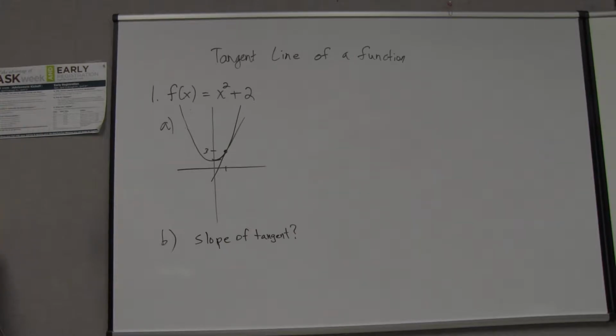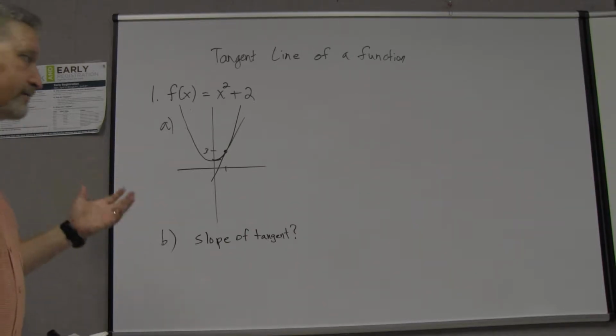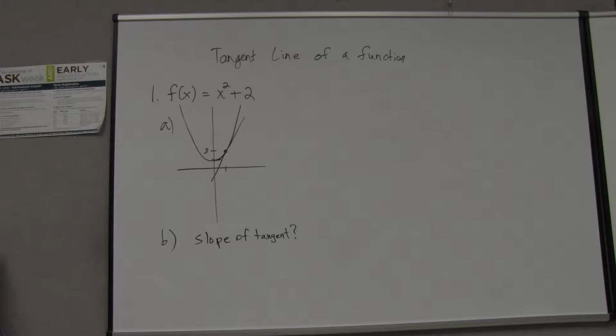We'll figure out a way to actually compute it exactly in our coming talks here. But we're just trying to figure out from that line what that slope would be.